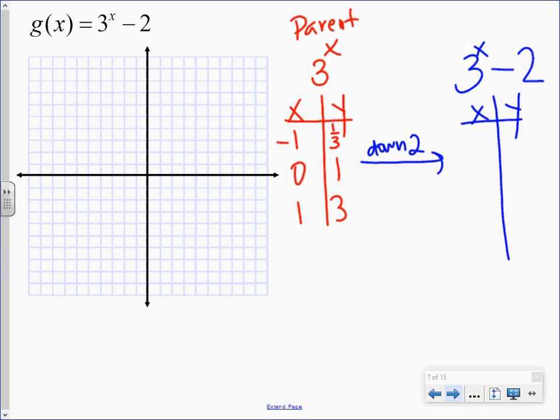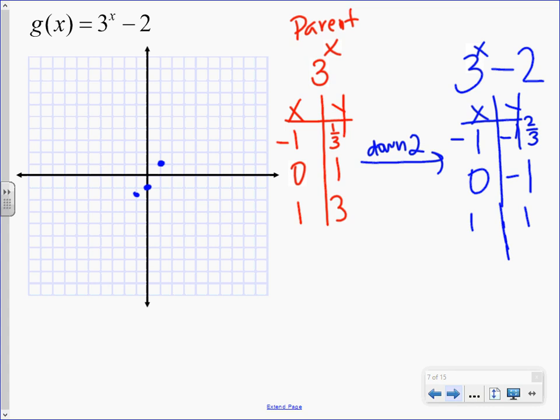So (-1, 1/3) becomes (-1, -1 2/3). (0, 1) becomes (0, -1), and (1, 3) becomes (1, 1). Okay. You can do the shifts numerically or you can do them graphically, okay?